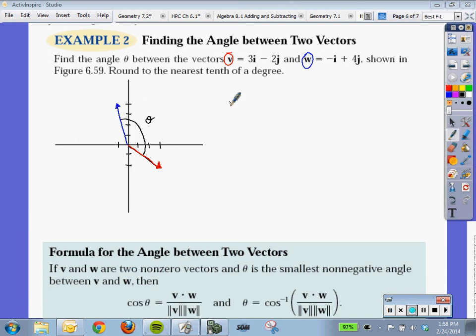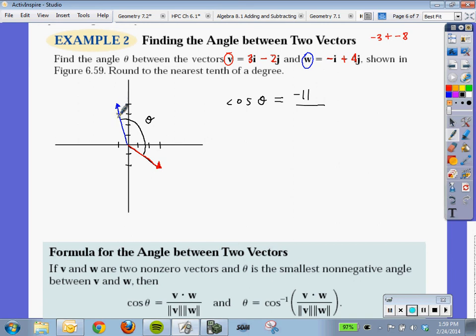All right. So let's figure out the dot product of these two vectors here. We're going to multiply the horizontal components. So 3 times -1 is -3, plus we're going to add -2 times +4, which gives us -8. So the dot product of those two vectors is -11. We need to figure out the magnitude of those two vectors.